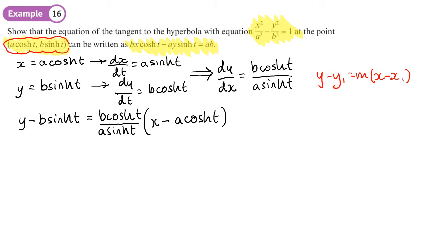So the rest is just multiplying and rearranging. We're going to multiply both sides by a sinh t.